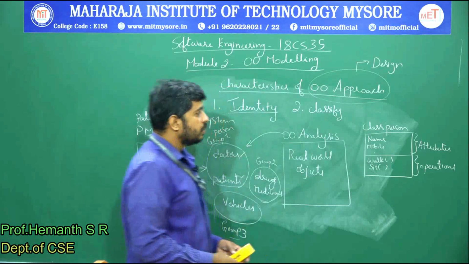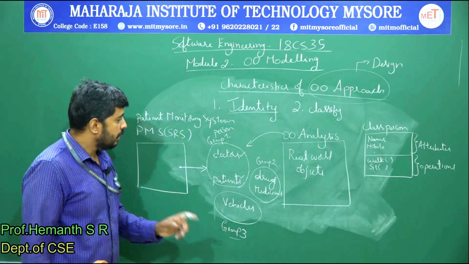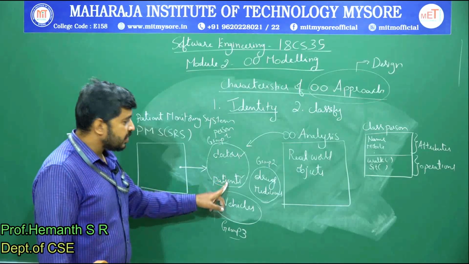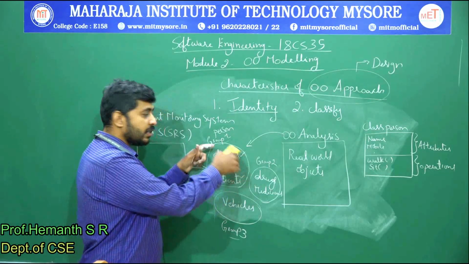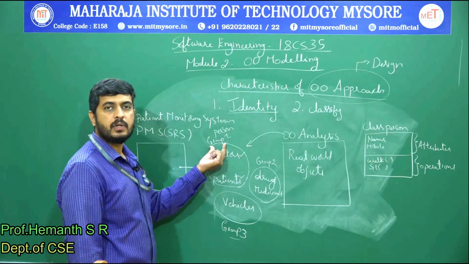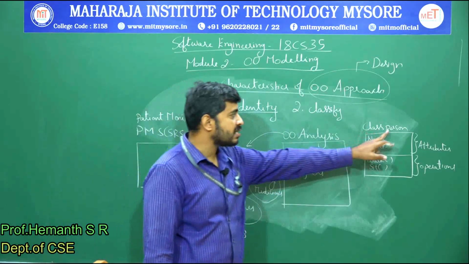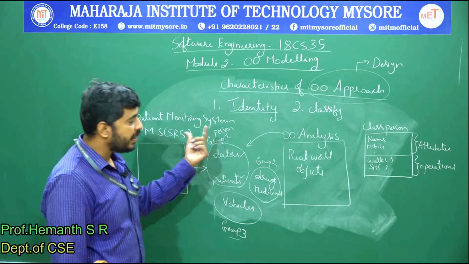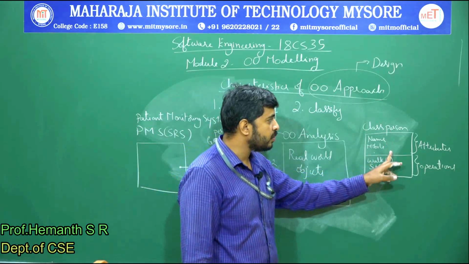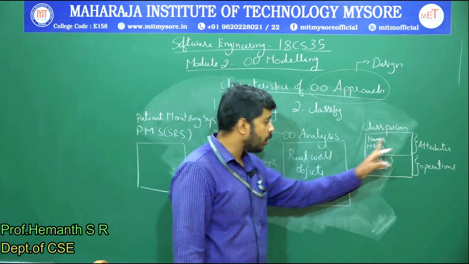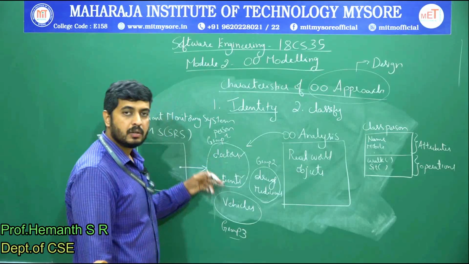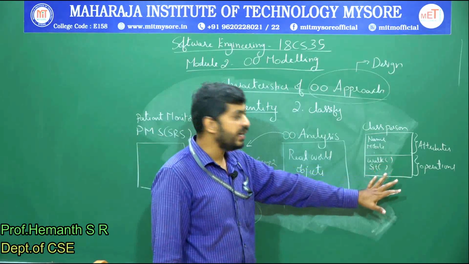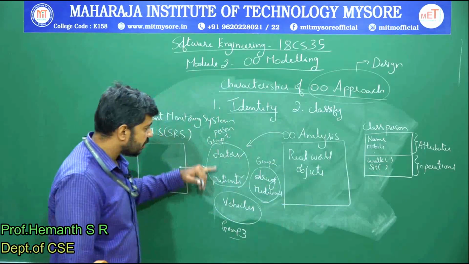Please try to observe that entities or objects which are closely similar have been put in one group and labeled under one class. And for each group, for example group 1, we have identified a few properties or attributes which may be common among all these entities, and also a few operations, a few actions that could be done by these entities.